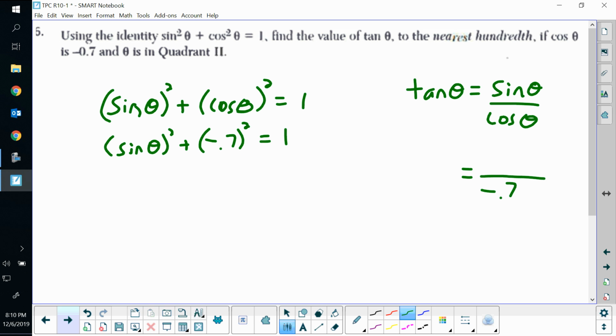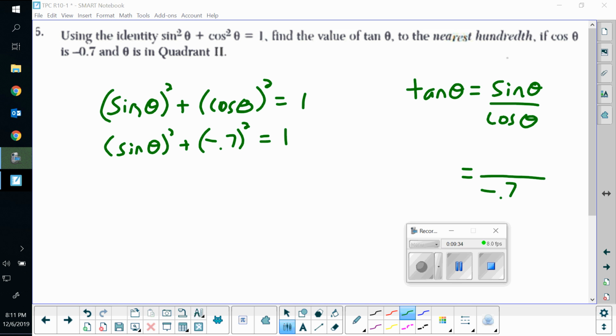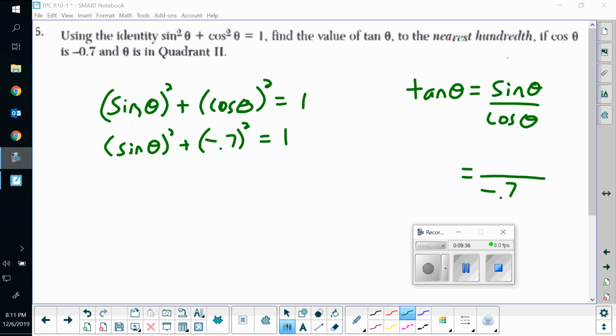So what we're going to do is pause the video for 1 minute, and what I'd like you to do is square out that negative 0.7, making sure it's in parentheses. Okay, if something is written in a certain way on the board in the problem, you should make sure you're putting it in the calculator exactly as it looks. And then see if you can move that answer over to the other side with the 1. So we're going to pause the video for 1 minute to allow you to do that.